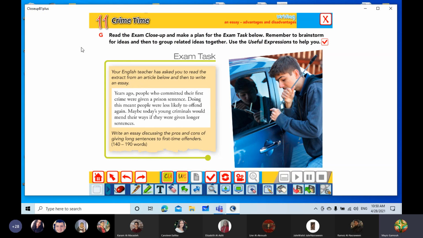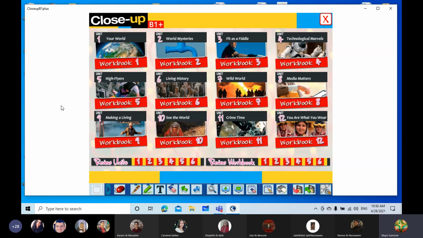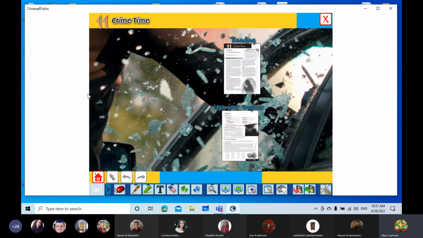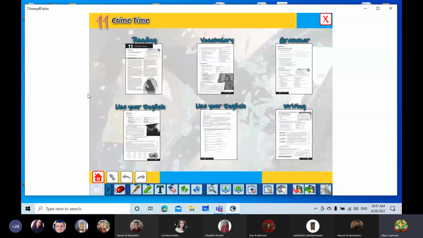Now let us move to your workbooks in order to solve the last exercises regarding our lesson in here. So let's all grab your workbooks, and I believe our exercises are on page 79.